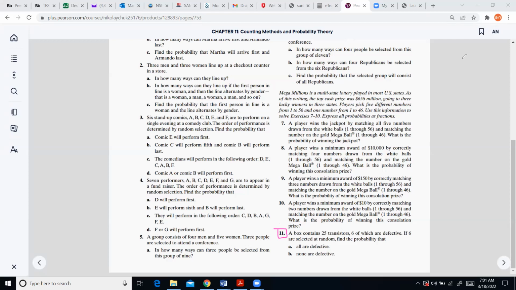So the quiz was referred to exercise number 11, where we had a total of 25 entries, and 6 of them were defectives, and then 19 remaining were good.